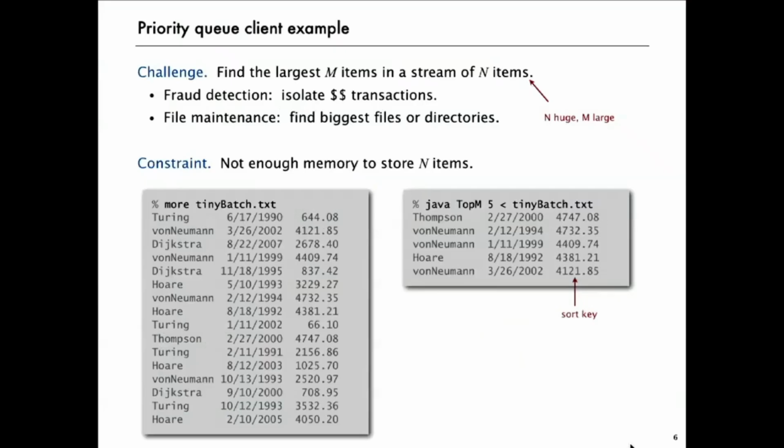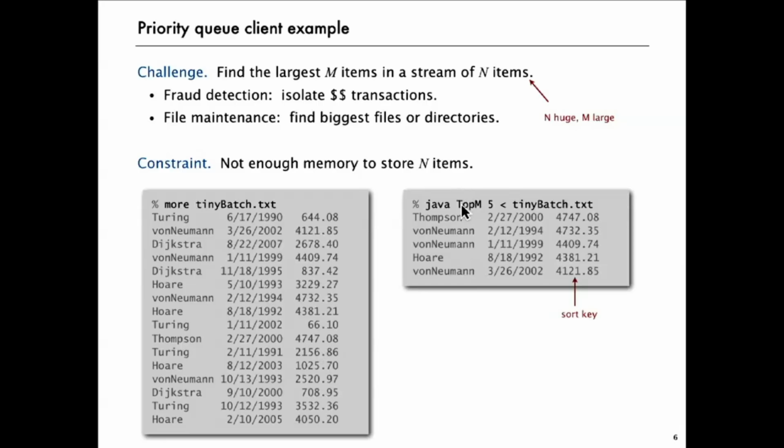And this is just some test data where we've got all these transactions. We're going to be able to take in data like this, and again, an unbounded stream of data. But let's say we want to keep track of the top 5 values using the third column as the value.